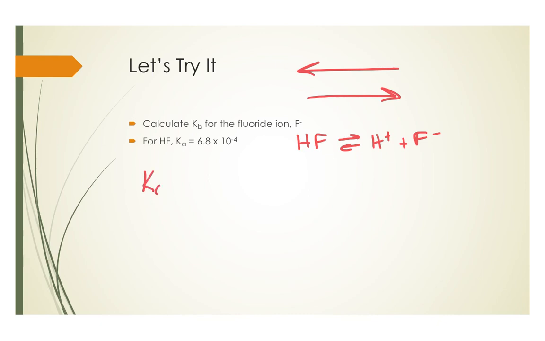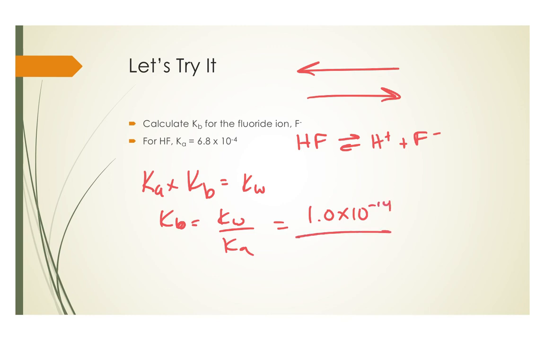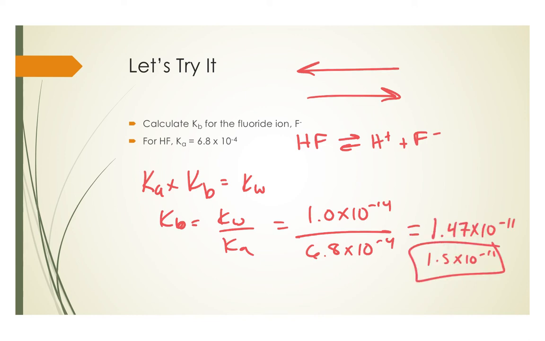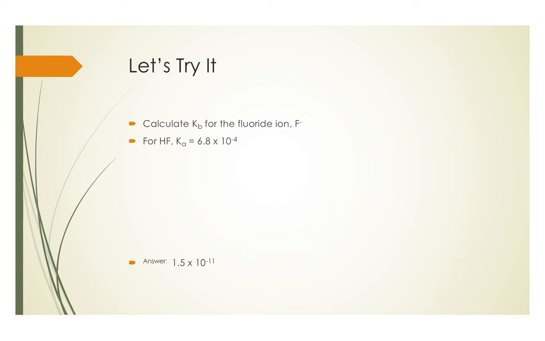We know that Ka times Kb equals Kw, and we're going to assume we're at 25 degrees Celsius here. So Kb is going to equal Kw over Ka. So we've got 1.0 times 10 to the negative 14th over 6.8 times 10 to the negative 4th. That gives me a Kb for the fluoride ion of 1.5 times 10 to the negative 11th, which indeed it is.